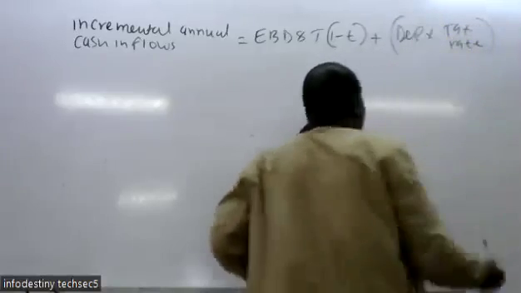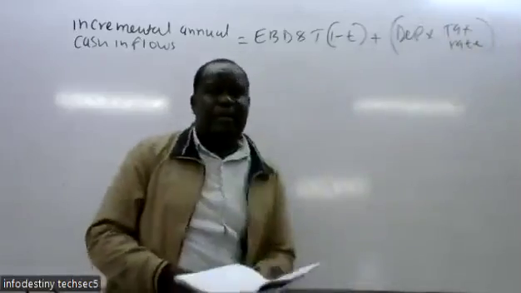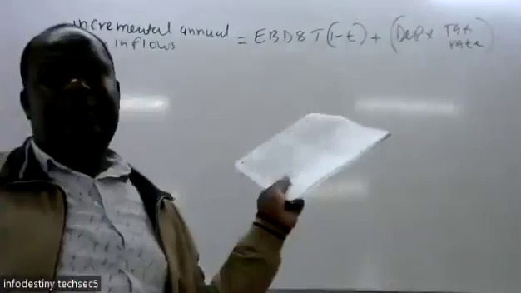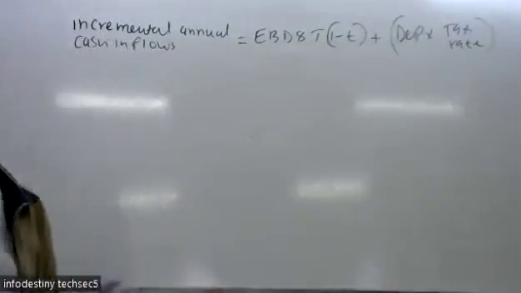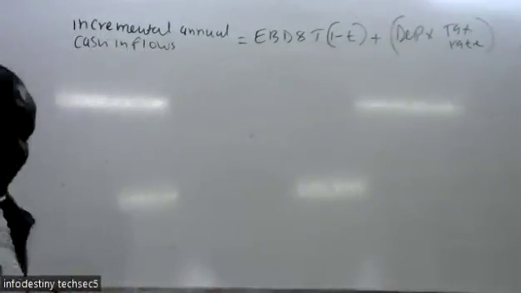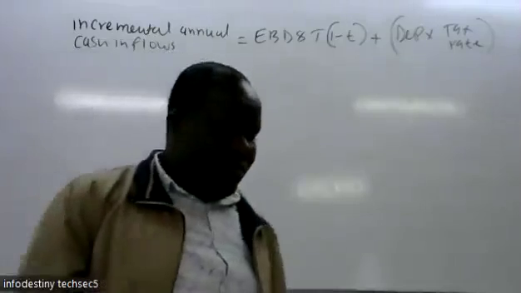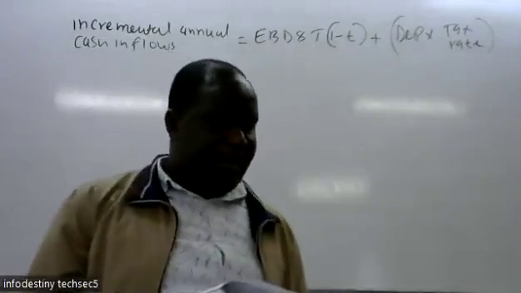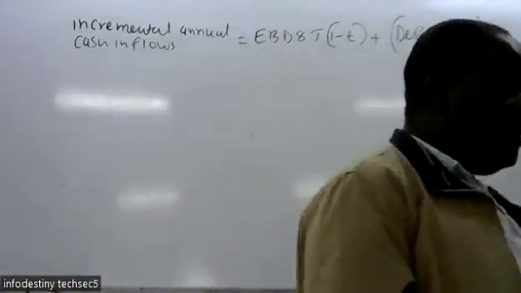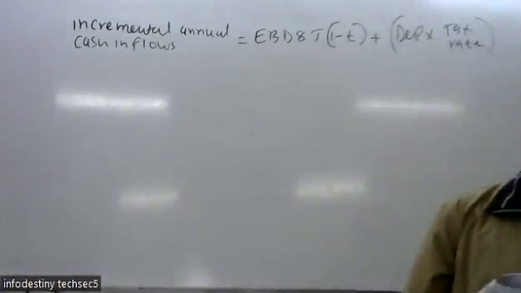So this formula we have used it before, remember? We use that because the question had already given you, at the end of the 5 years, the new machine will be sold for shillings 250,000.